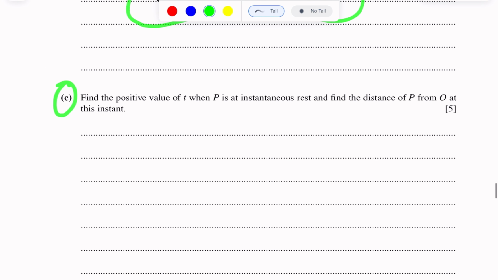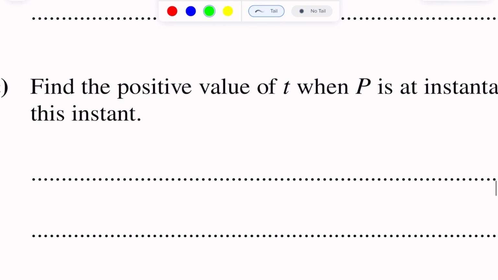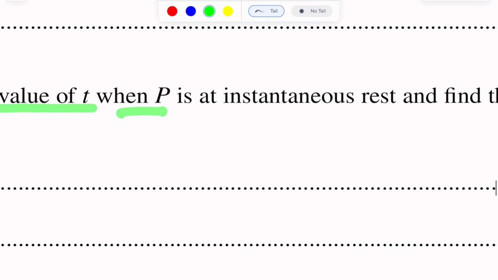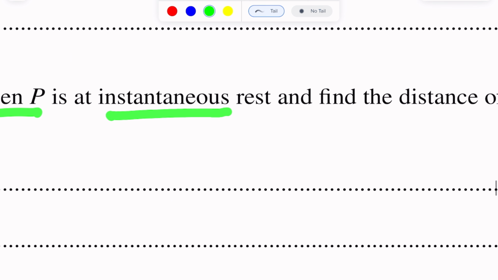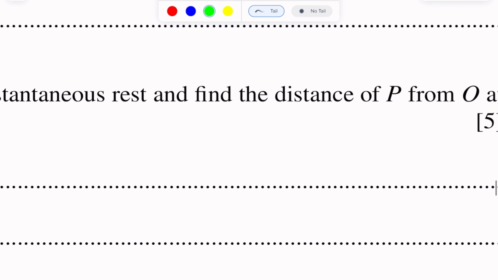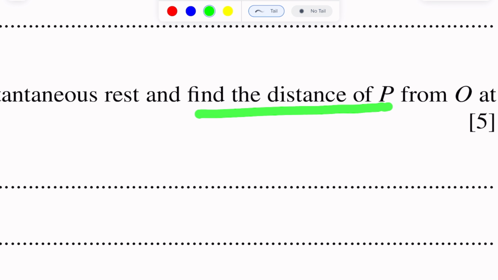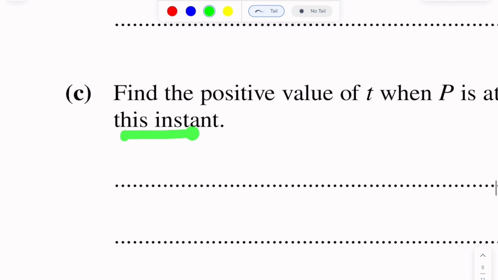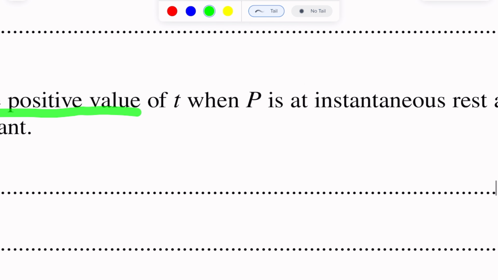Now part C of this question is: find the positive value of t when p is at instantaneous rest, and find the distance of p from O at this instant. Find the positive value of t when p is at instantaneous rest.